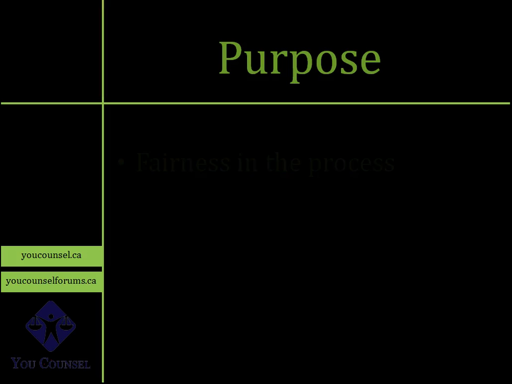The basic purpose of the rules of civil procedure is to ensure that the process of a court action is fair. When you begin a court action, a claim against somebody, or you're defending a claim issued by someone else against you, that matter will eventually go to trial. The matter will be heard before a judge, and the judge will decide which party is right and which party is wrong.